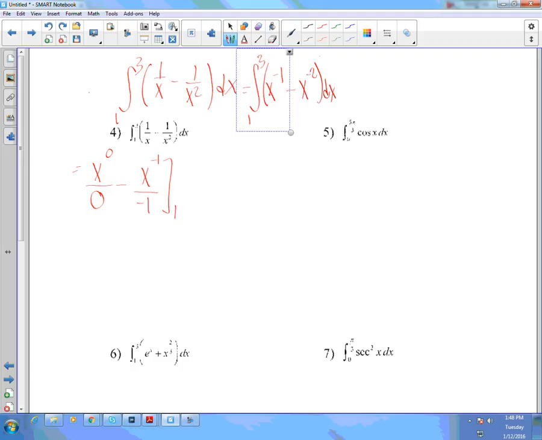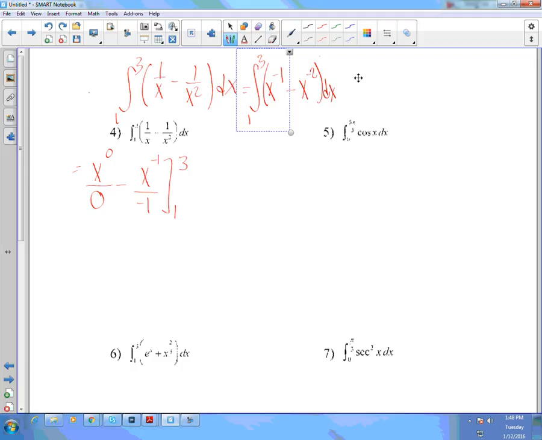From 1 to 3. Okay. This is an issue, right? We can't divide by 0. So let's think of a different rule.